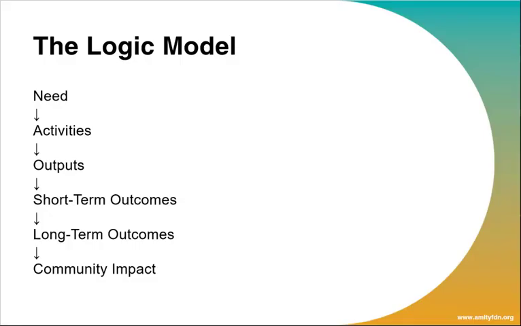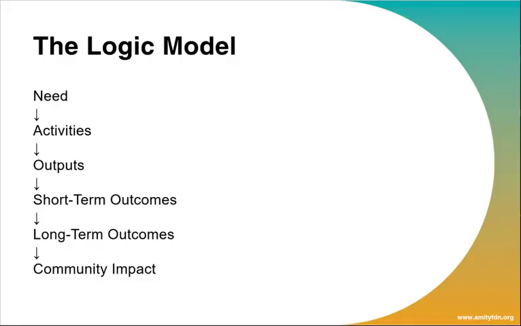But you don't stop there. We want to know what happens next. Our short term outcomes. What changes do we see in participants right away? Over time, those can lead to long term outcomes, more sustained changes in behavior, knowledge, skills, or circumstances. And ultimately, we're working toward community impact, the bigger change we want to see in the community.